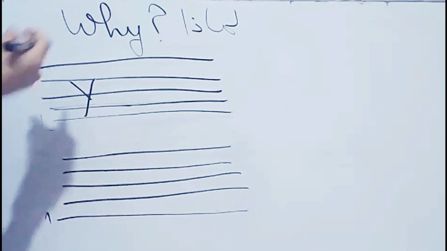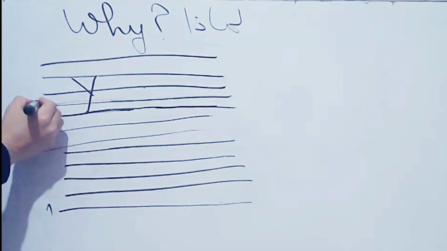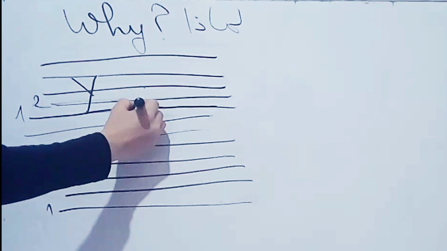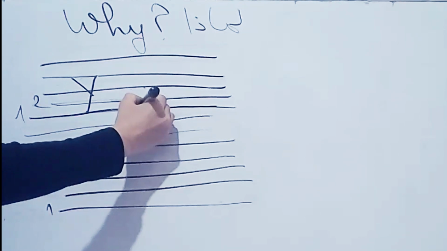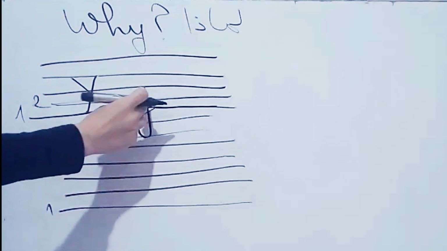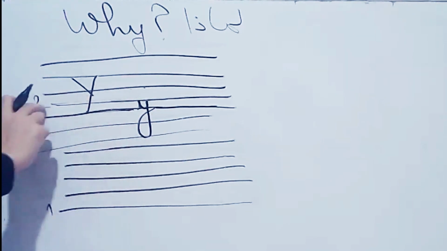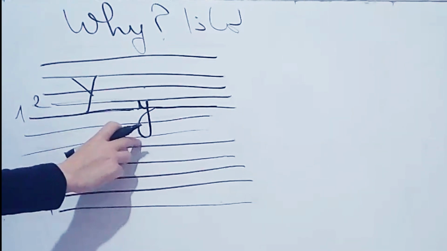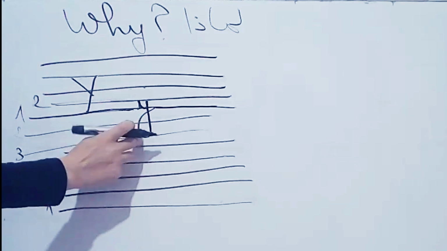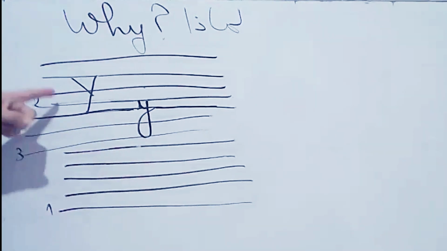And this is the letter Y, the capital letter Y. Now we are going to write the small letter Y. We start from line number 1 to line 2, and then down to the second line, like this. Up to the second one, and down here to the third one. This is the capital letter Y, and this is the small letter.